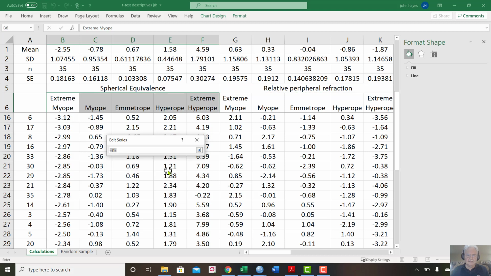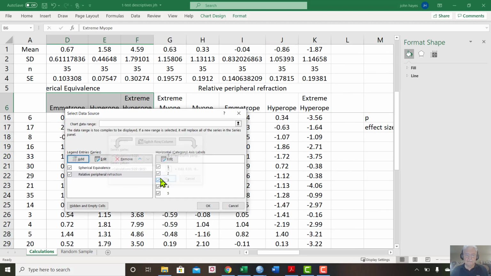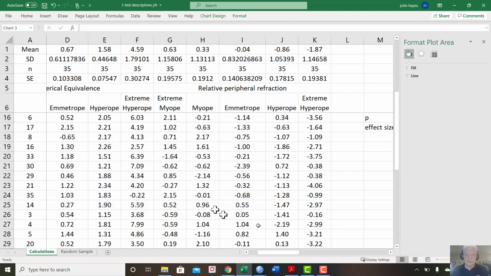And for the series values, we want the relative peripheral refraction names. Extreme myope, here we go, mean over here. Okay. Let's see what that looks like.